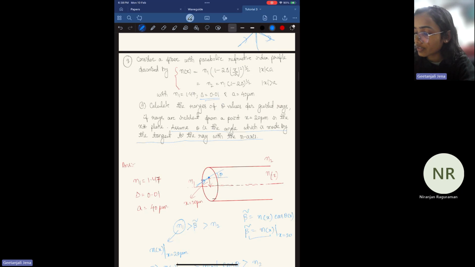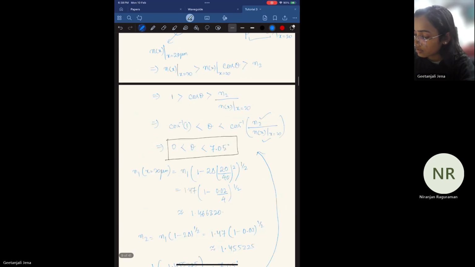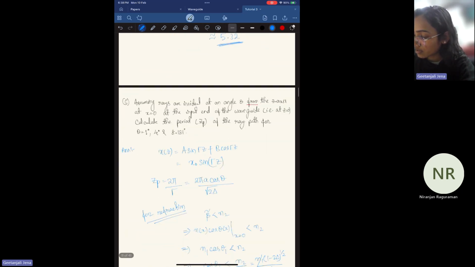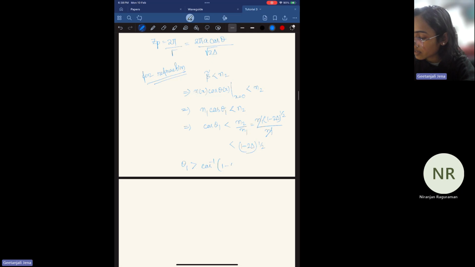It is 0.01. So that means it is (0.02) to the power half, and if you calculate it, it will come around 8.13 degree. Okay. So that means when theta is greater than 8.13 degree, it will be refracted to the cladding interface.